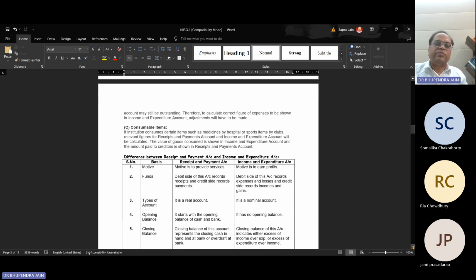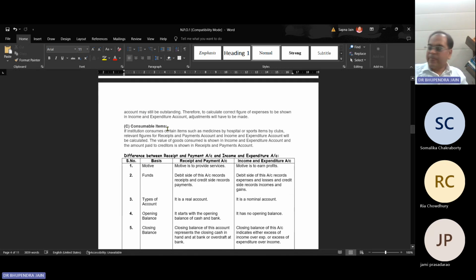And the last most important item is the consumable. We have already discussed how to calculate the consumable. Clear? And what is the importance of consumable? And what is the consumable? Just as an example, you are using sports items for your club. Then how do you calculate the total consumed during the year?